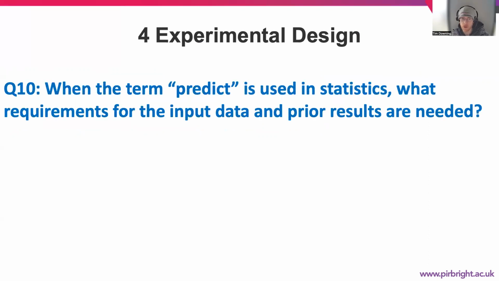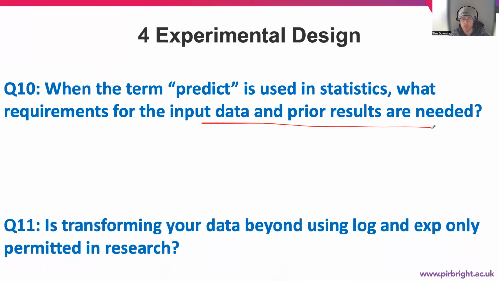Finally, when the term predict is used in statistics, what are the requirements for the input data and what prior results are needed for that idea of prediction? And question 11: transform your data beyond using log-based transformation and exponential-based transformation. Is that permitted in research?